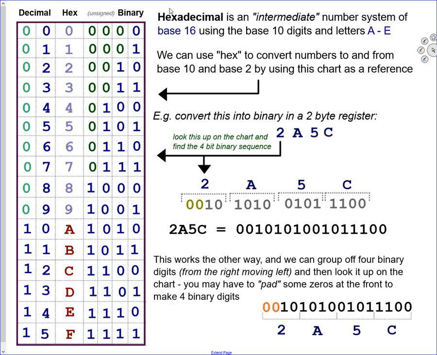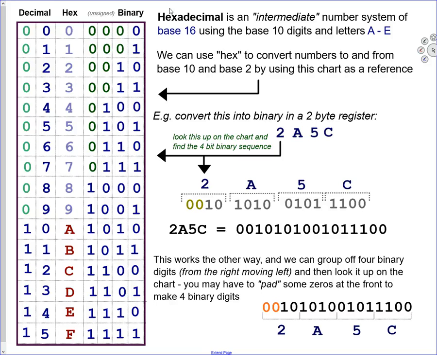Right, so here's decimal, here's binary, here's hexadecimal in between. Notice that in binary, I needed 4 digits to represent numbers up to 15. In our system, I needed 2 digits to get all the way up to 15. But in hex, I'm still only using 1 digit to get all the way up to 15. Here's how you do it. You use this chart as your guide.